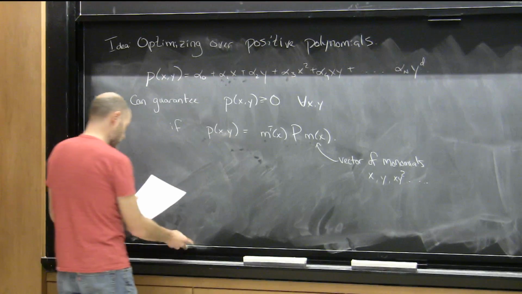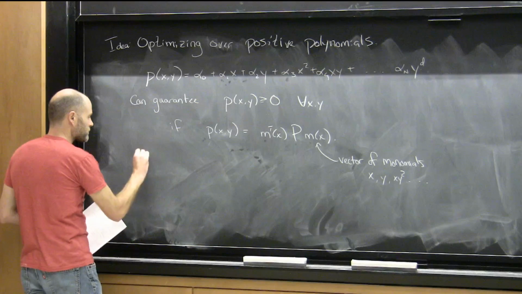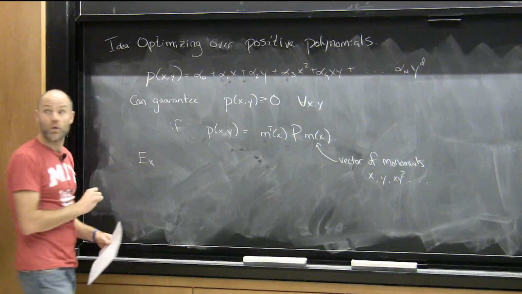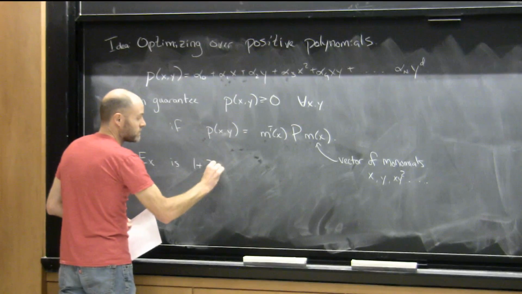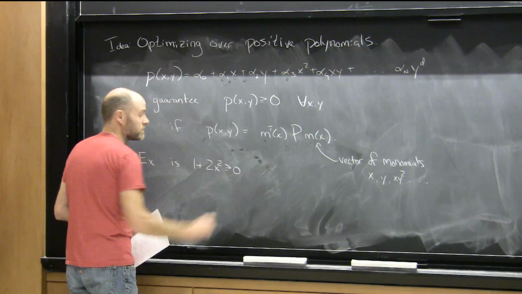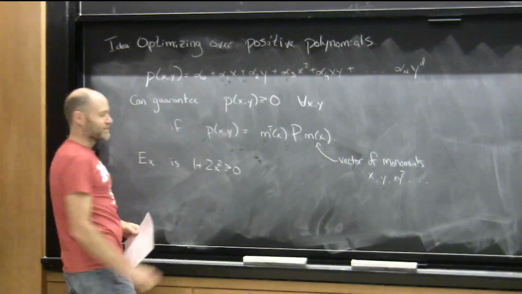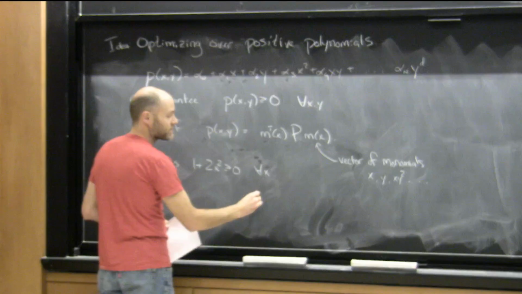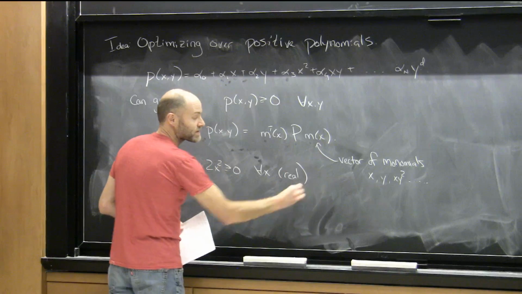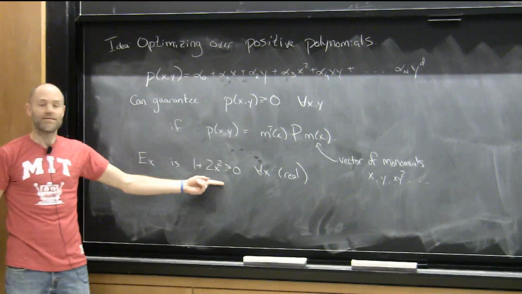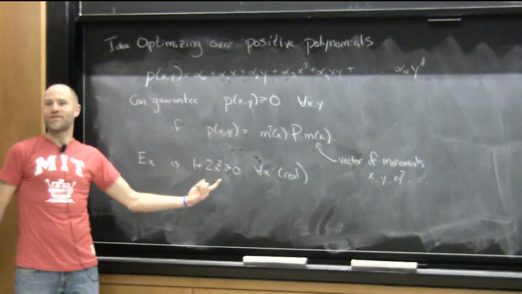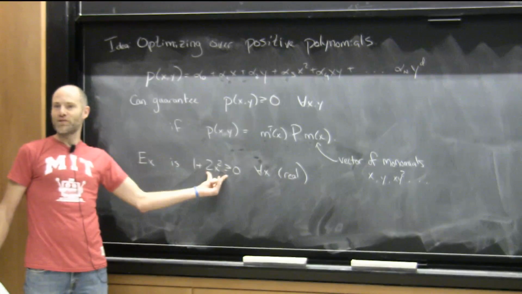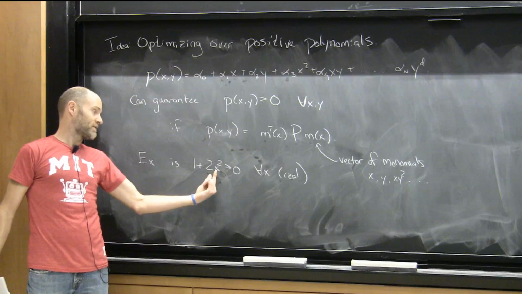All right, so for example, quick quiz. For all real x, how do you know that's always greater than 0? This is clearly by itself always greater than 0 because x is squared.